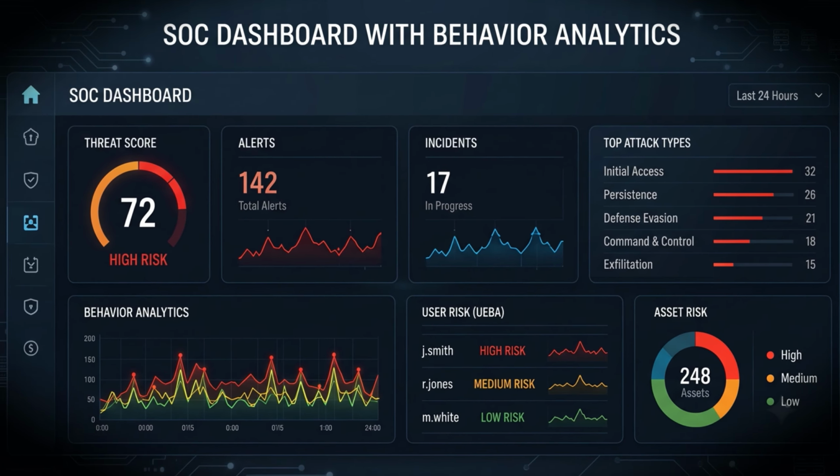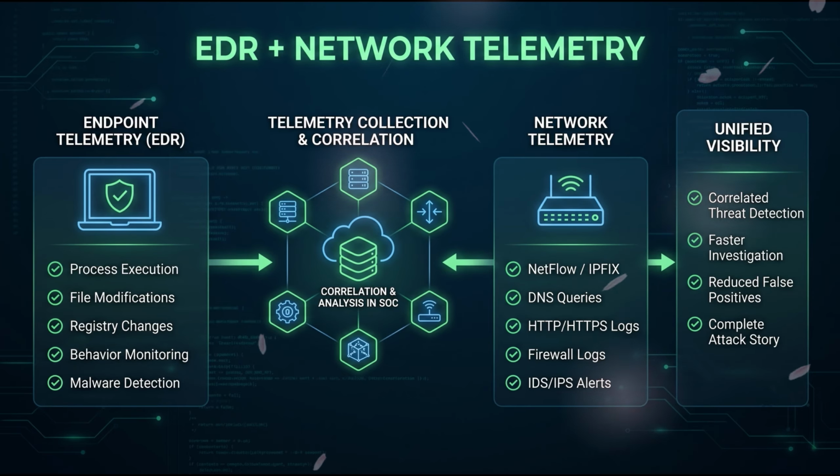Modern SOC platforms combine network detection and response with endpoint detection and response to uncover hidden threats within encrypted traffic without needing to decrypt the payload. The future of cybersecurity isn't reading packets, it's understanding the behavior.